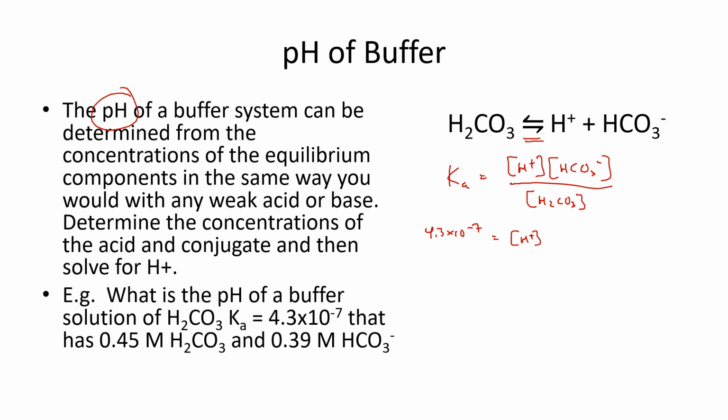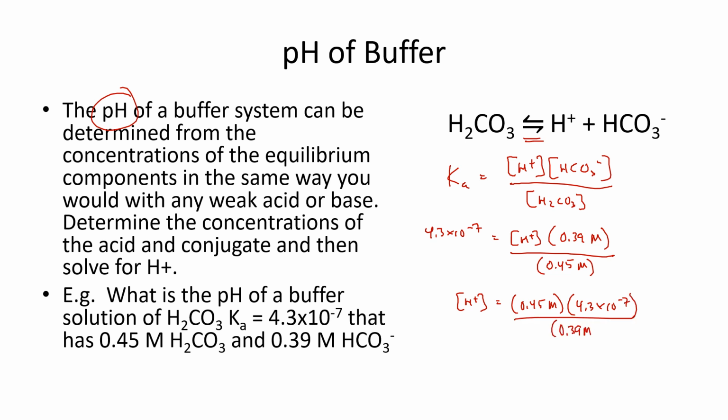And the hydrogen carbonate concentration is 0.39 moles per liter. And our carbonic acid concentration is 0.45 moles per liter. So we'll rearrange this. So we get our H plus concentration. That's going to be the 0.45 moles per liter times the Ka, 4.3 times 10 to the negative 7, divided by 0.39 moles per liter.